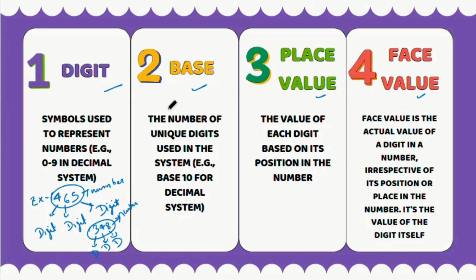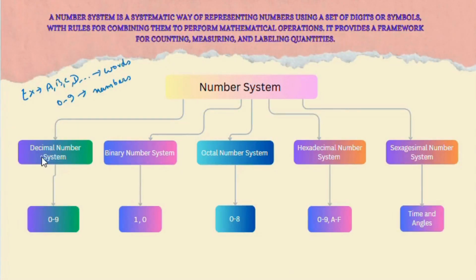Okay. Now let's understand what a base is. Base is the number of unique digits used in the system. Example, base 10 for the decimal system. Here you can see, in the decimal number system we use digits 0 to 9, which is a total of 10, as the base. The binary number system has base 2.